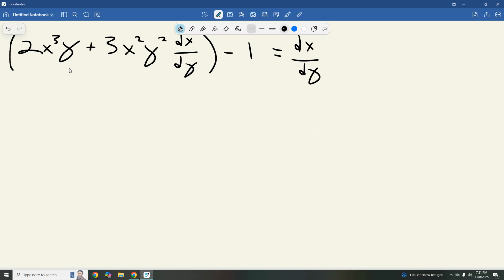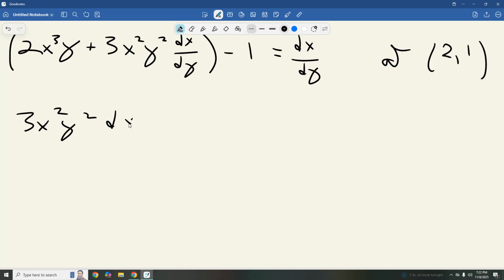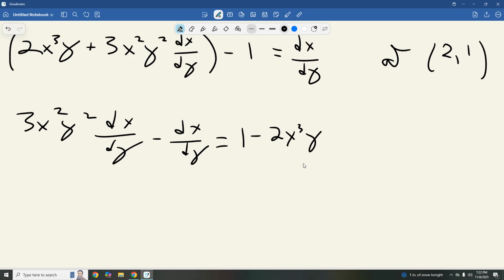Okay, so what I'm looking at here is two terms that need to be on the same side at (2, 1). So let's go ahead and put these terms on the same side. So 3x squared y squared dx over dy minus dx over dy equals 1 minus 2x cubed y.